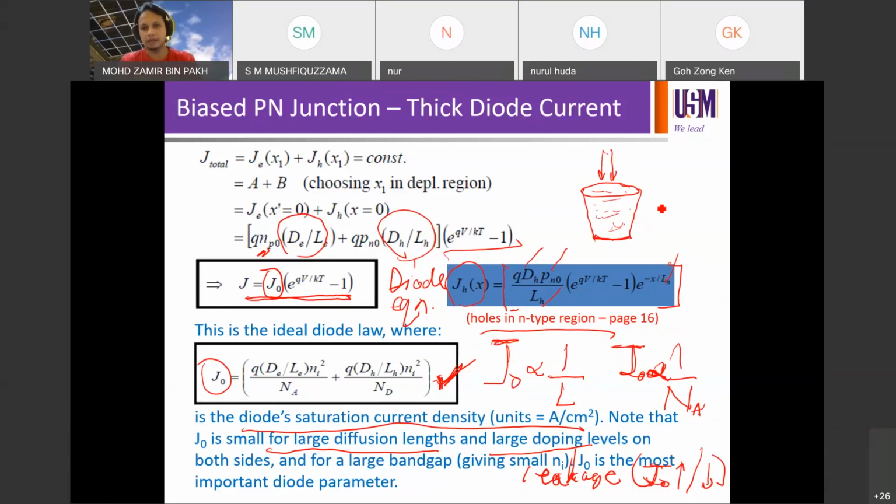Then at the back you have leakage. Water drips. The bucket is broken. Simple analogy: the bucket is leaking. So do you want the leaking to be a lot or little? Or no leaking at all? Low, right?